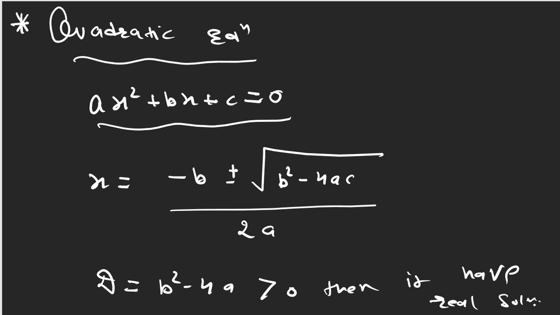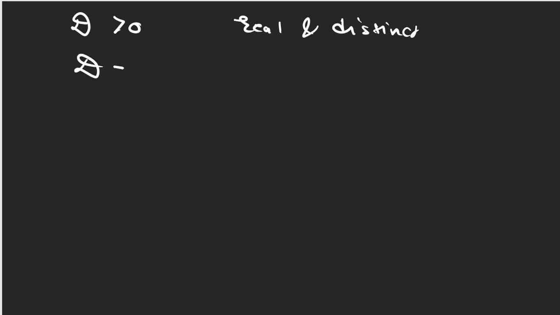Going into more detail, if the discriminant is greater than 0, we get real and distinct roots. Distinct means if there are two roots, one is 2, another will not be 2. But if D is equal to 0, then real and same roots.